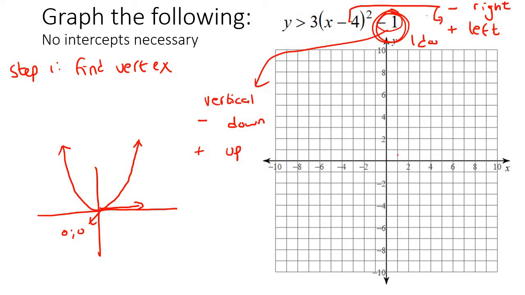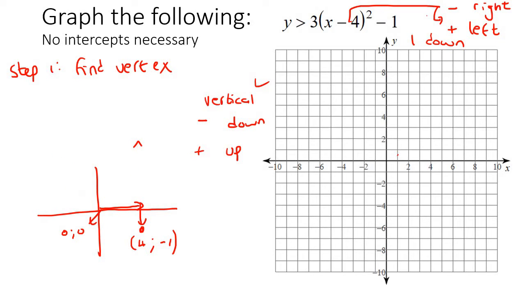Why did I say 4 to the right? Because there's a minus, and when there's a minus, you go right. So where would the vertex be? Well, if you go 4 to the right, you'd be at 4, and if you go 1 down, you'd be at -1. As easy as that. So that's step 1 complete.